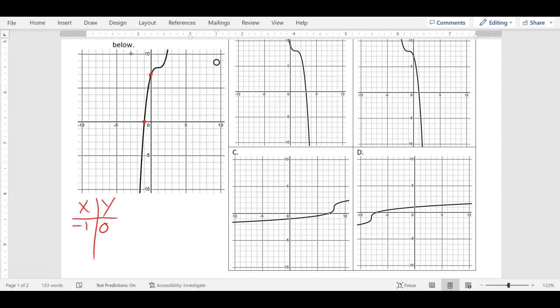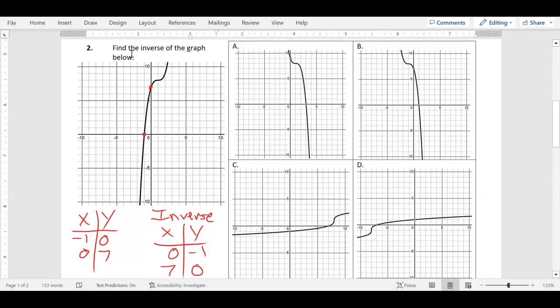I got 0, 7. So the inverse is going to take that table and flip it. 0, -1, and then 7, 0.